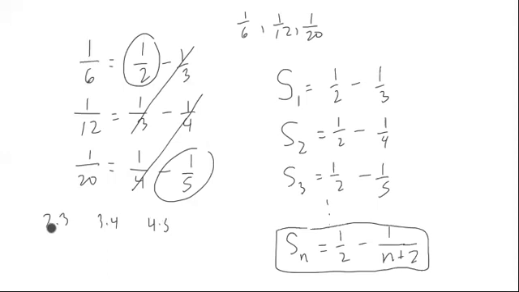And maybe we could have thought, this looks an awful lot like n times n plus 1, where n starts at 2. So our series, we could have thought of as the sum of 1 over n times n plus 1, as n goes from 2 to infinity.